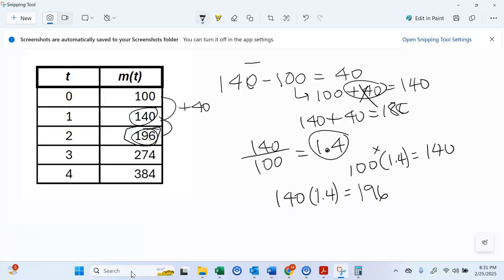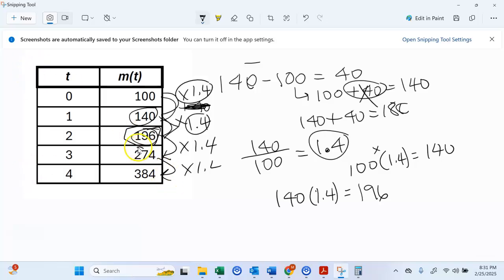Does that work? Yes, it works. So that means not plus, but times 1.4, multiplication. From here to here times 1.4. From here to here times 1.4. We can try it one more time just to make sure.